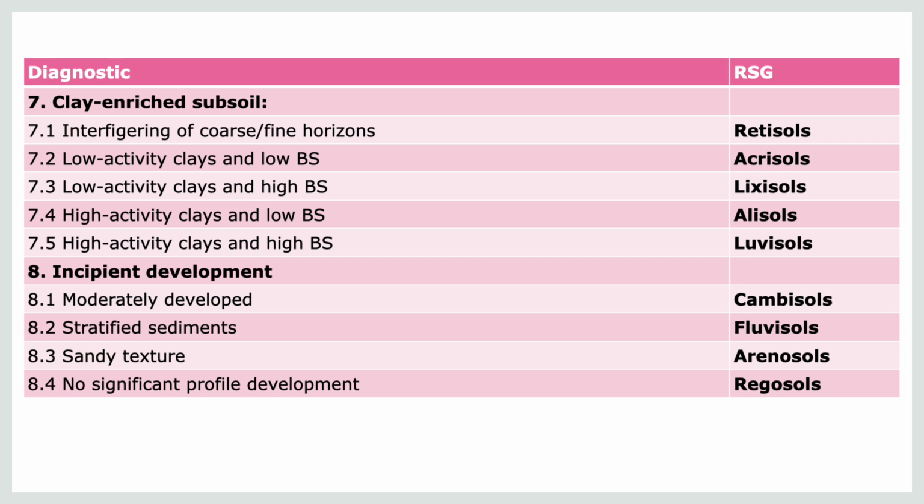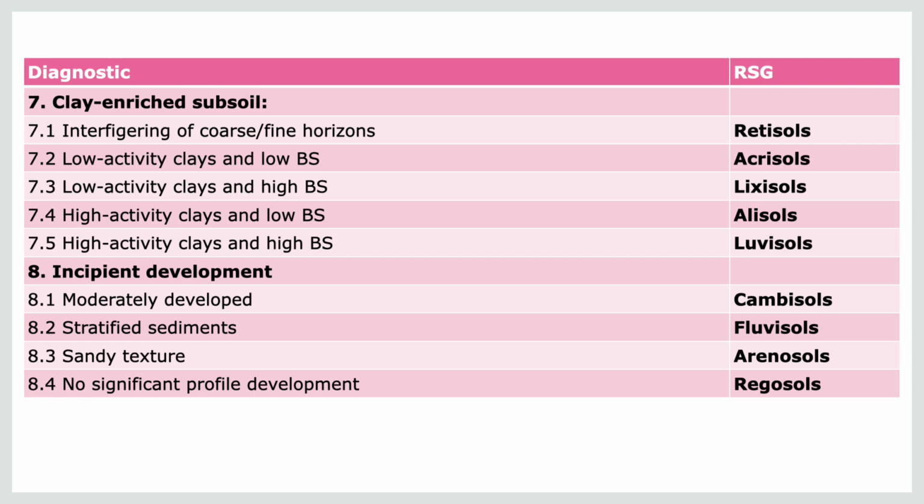Some soils that present low activity clays and low base saturation, they are called Acrisols. Soils that register low activity clays and high base saturation, they are called Lixisols. Soils that register high activity clays and low base saturation, Alisols. Soils that register high activity clays and high base saturation, they are called Luvisols.